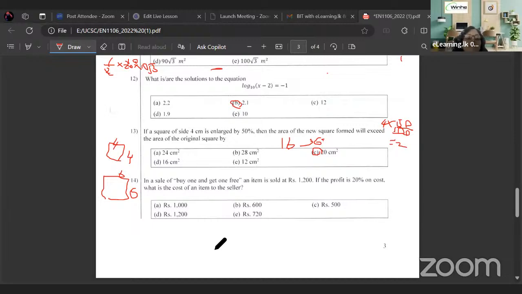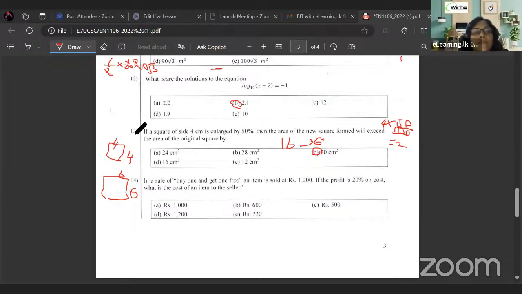The first square of side 4 centimeter is enlarged by 50%, right? So it says the original one is a square, meaning the shape which has 4 equal sides with 4 equal angles, right?